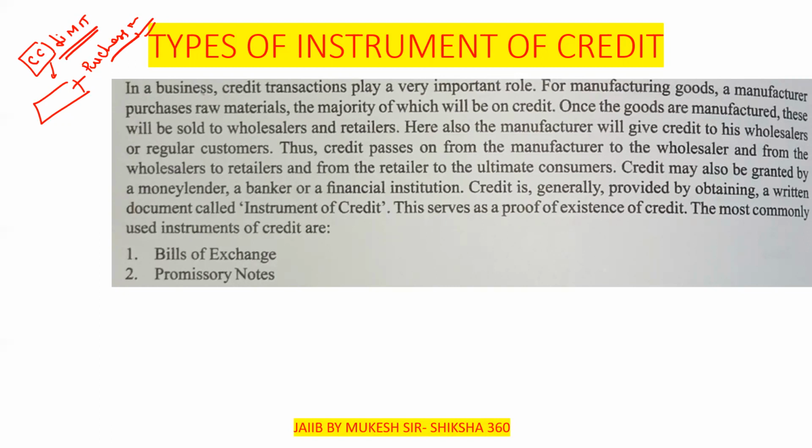They will take the raw material on credit, that is, payment will be given after some time. After that, the manufacturer will manufacture the products and sell them further.